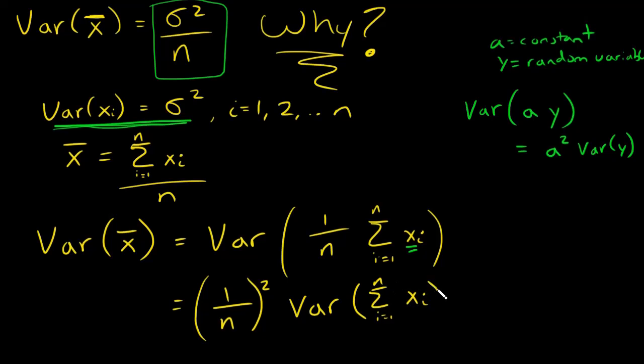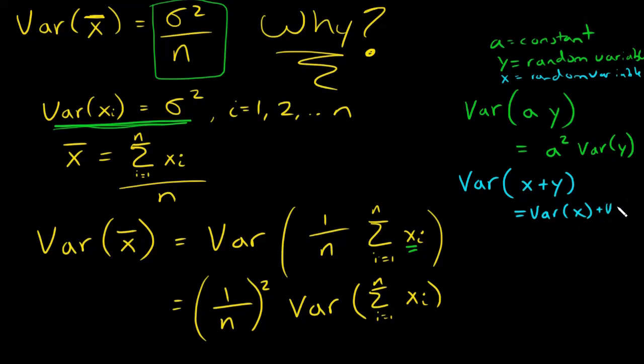Another property of variance: say I have the variance of two random variables, x plus y, where x is another random variable. This is going to equal the variance of x plus the variance of y.